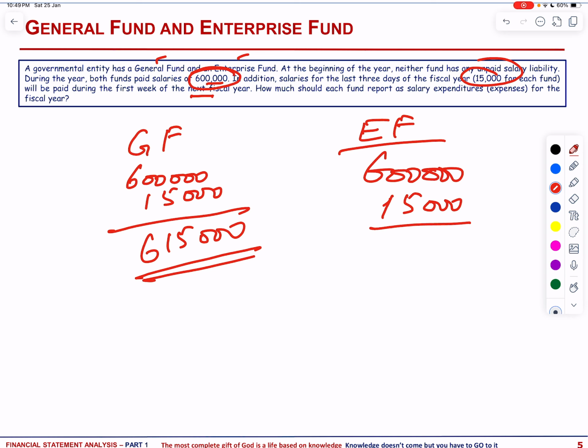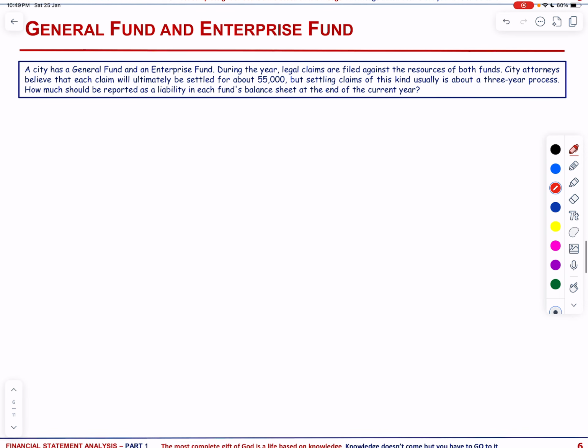So the enterprise fund should report also 615,000 in salary expenses for the fiscal year, which includes the salaries paid during the year and the accrued salaries for the last 3 days. So the general fund will record 615 in salary expenditures, while enterprise fund will also record 615 in salary expense.